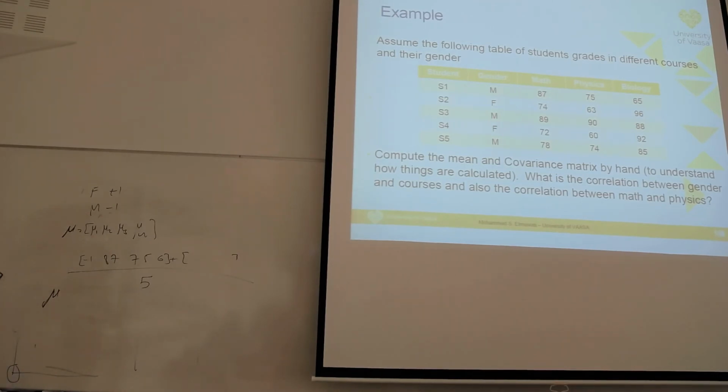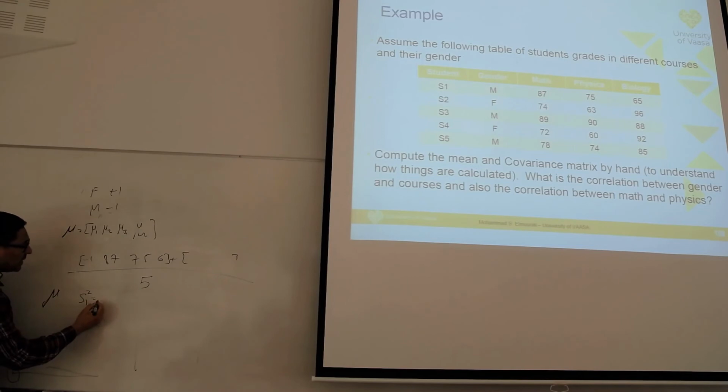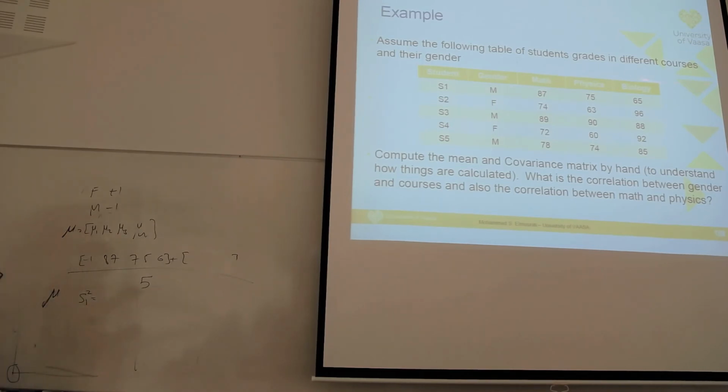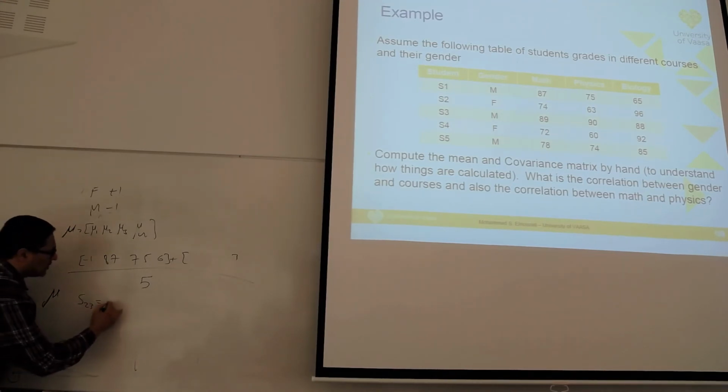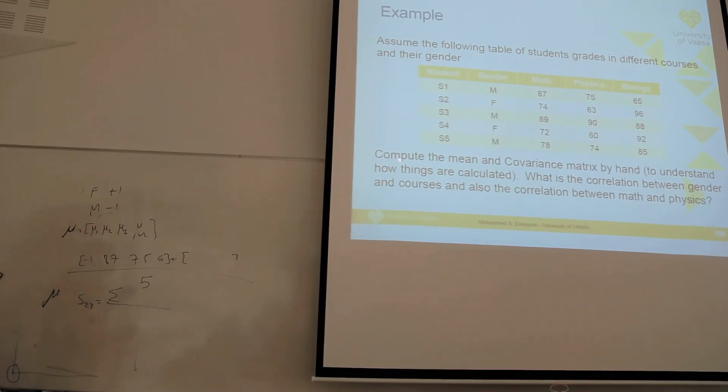And the covariance is computed in the same way that we did before. For example, if you want to compute S1 square, S1 is related to the gender only. So you take every element and subtract the average mu1, take the square, take the summation, and divide by 5. And if you would like to compute the covariance between math and physics, in that case it will be S23. S23 is equal to the summation, and you take every element here.